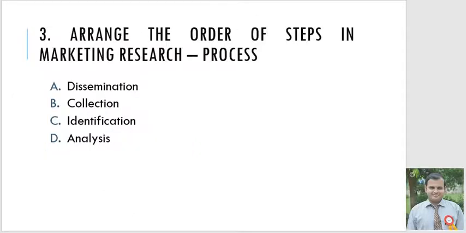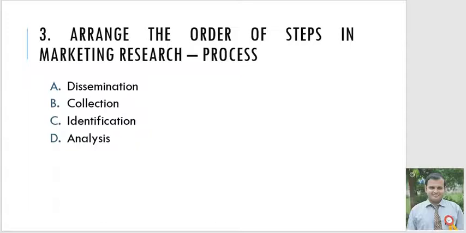Third question, you have to arrange the order of the steps in marketing research process. It will start from C, identification, then B, collection, D, analysis, and the last step is dissemination. This was the sequence of marketing research process in a very brief note.